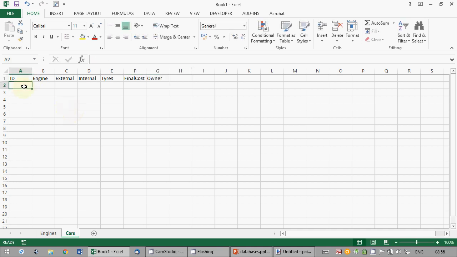Okay, so imagine here you have a lot of records. One of them is the record with engine 234, so the fire engine, external I don't know what, internal I don't know what, tires we don't care, final cost 45,000 euros, and the owner me.